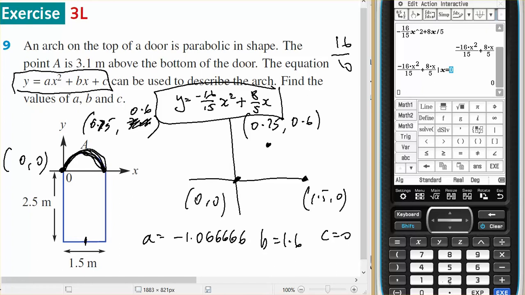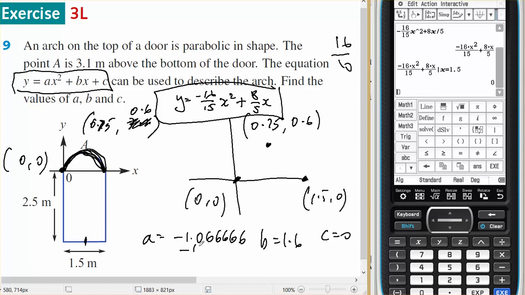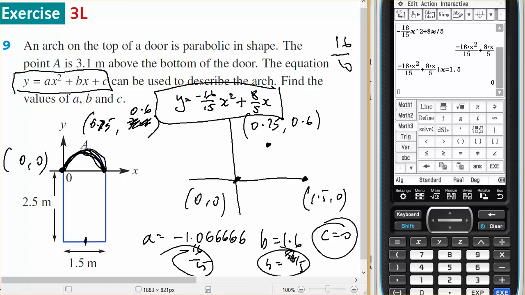When x equals 0.75, it gives me 3/5, which is 0.6. And when x equals 1.5, it gives me 0. So that confirms. So a equals negative 16 on 15, b equals 8/5, and c equals 0 are my 3 answers.